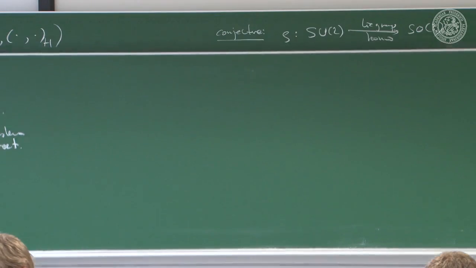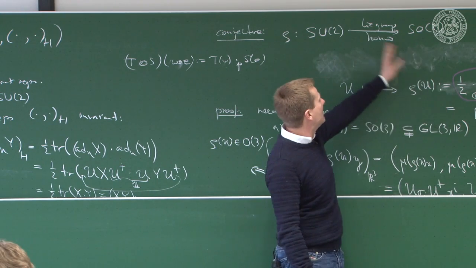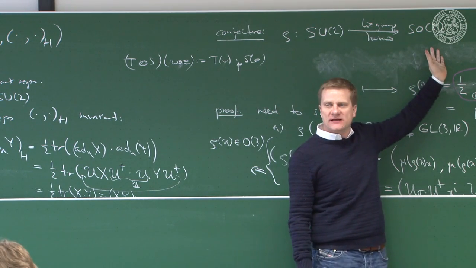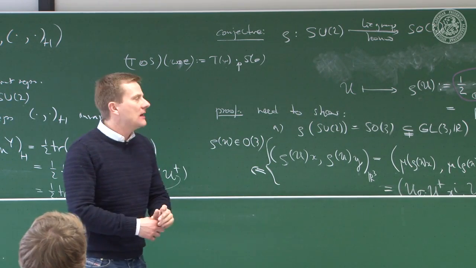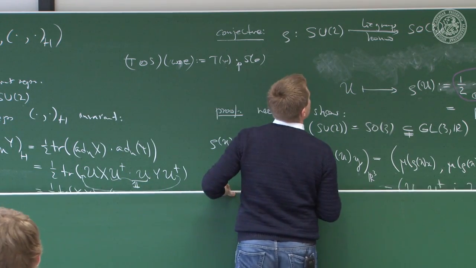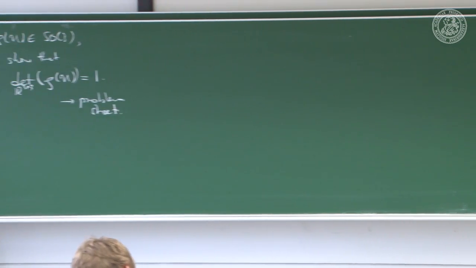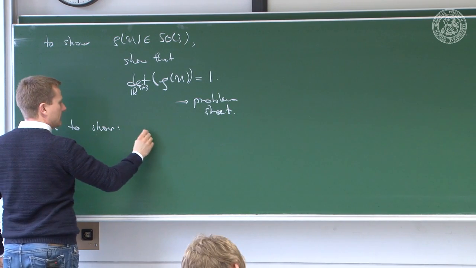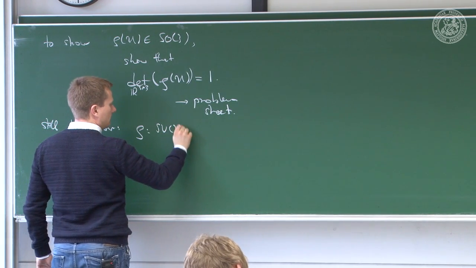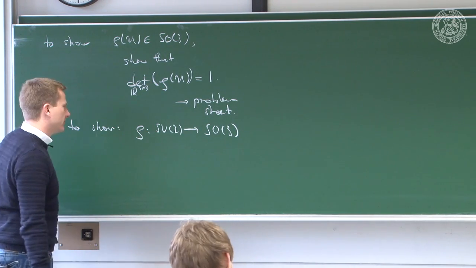So what we did so far, we showed that indeed the funny map we defined here really takes SU2 to SO3. Okay, but we wanted to show much more. We wanted to show that it's a Lie group homomorphism. Still to show that this map rho is a Lie group homomorphism.